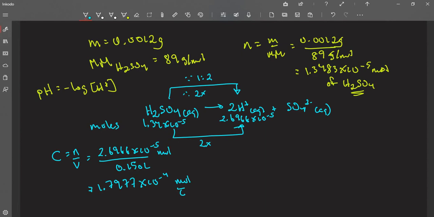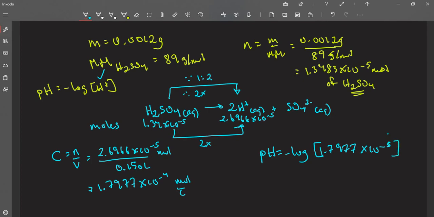Okay, great. So now you have a concentration of hydrogen ions, and you are almost done. It's going to switch colors, but we can continue. It doesn't really matter. Okay, pH then is the negative log of the concentration of hydrogen ions, which we now know is 1.7977 times 10 to the negative 4. Again, try to keep at least 4 or 5 digits whenever you can.